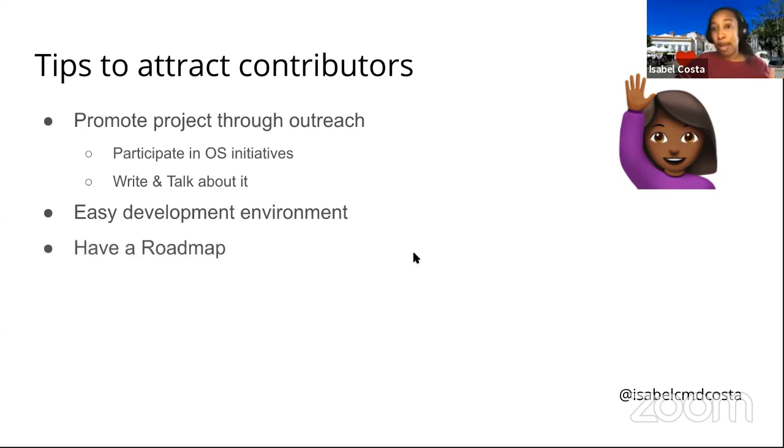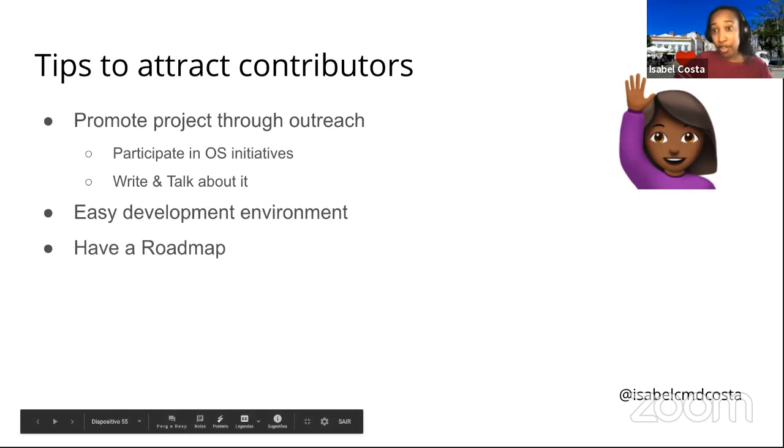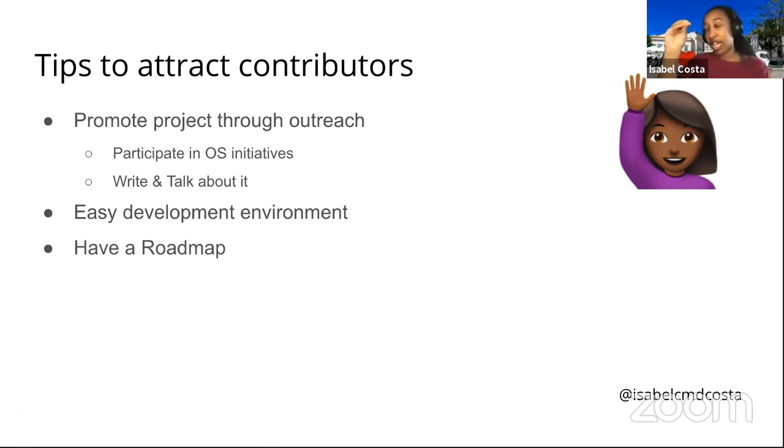Another thing is have a roadmap. I have to admit, I'm at fault at this just a little bit, because I have future features in the wiki of the project, so you can see where the project is going. However, I don't have a roadmap.